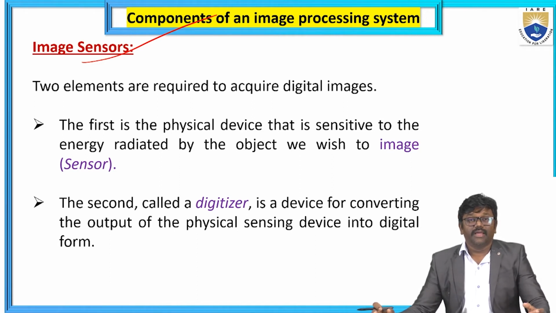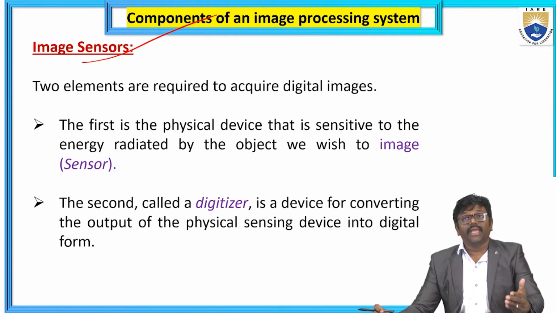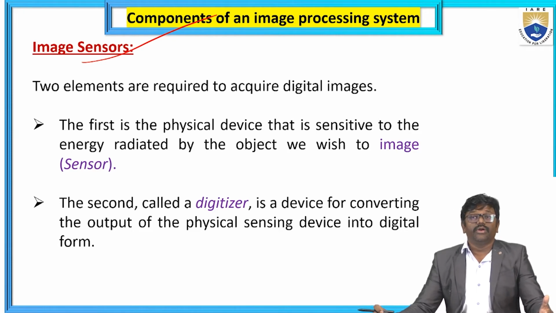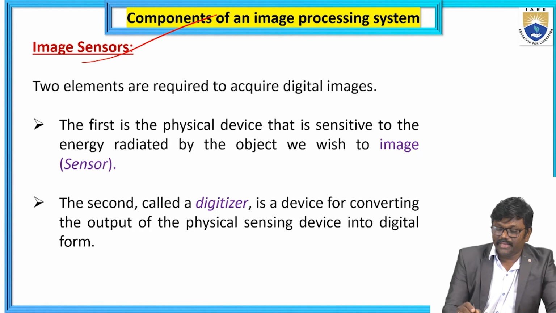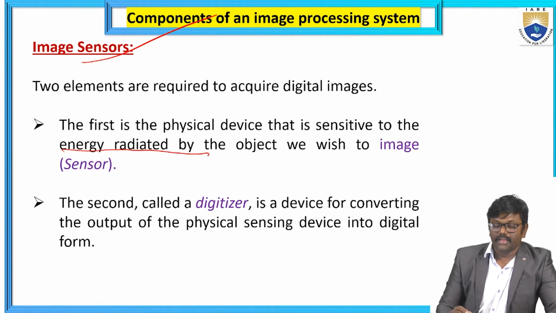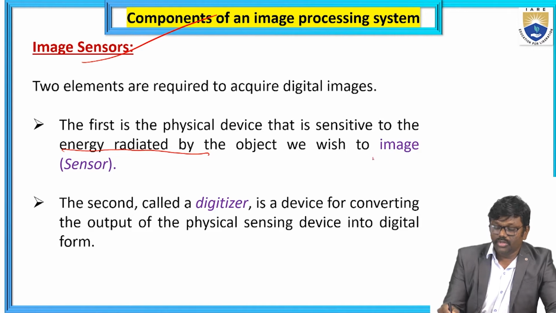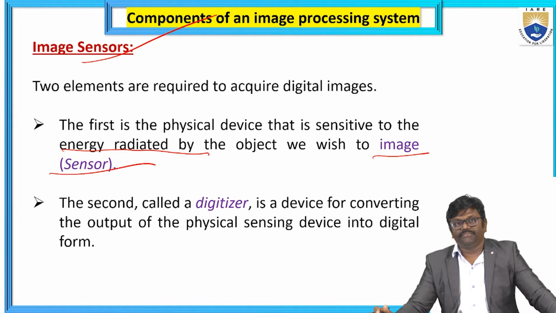Sensing means acquiring the information. Image sensors basically work with two elements required to acquire digital images. Number one is a physical device that is sensitive to the energy radiated by the object we wish to image.